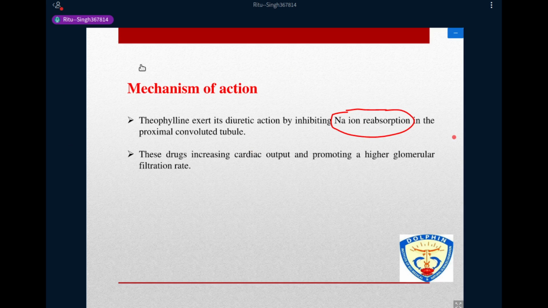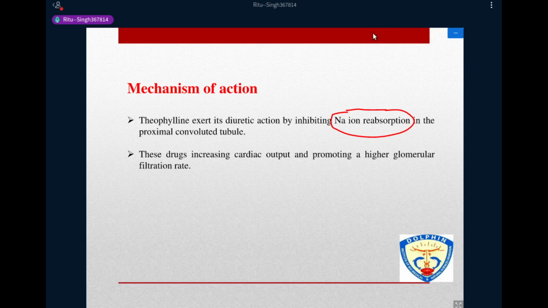These drugs act on the proximal convoluted tubule; theophylline and the other xanthine derivatives also act on the proximal convoluted tubule, which is their site of action. These drugs increase cardiac output and promote a higher glomerular filtration rate. Okay, so this is the mechanism of action of xanthine derivatives, especially theophylline.